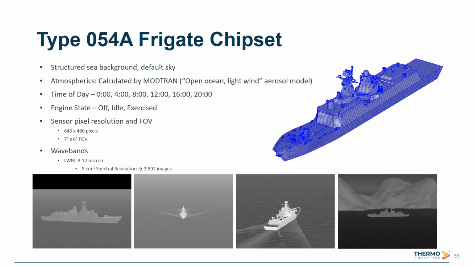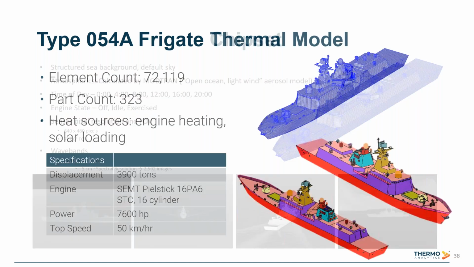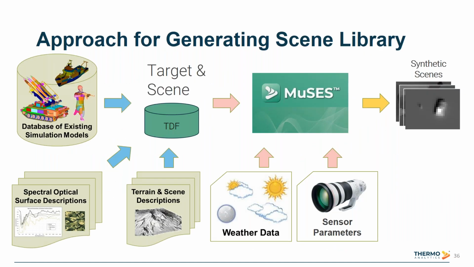Thank you. Can you give a sense of runtime? Sorry, you're cutting out a little bit. Can you repeat that? A sense of runtime to render an image, i.e. 4K by 4K pixels with high fidelity ocean. High fidelity ocean, I would assume you mean structured sea, 4K by 4K.